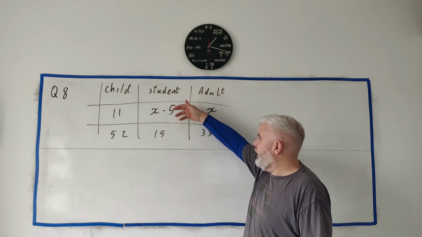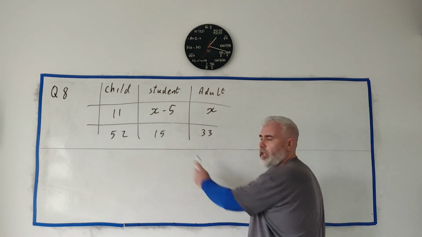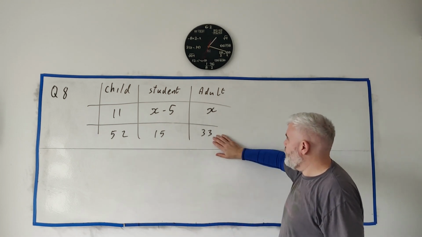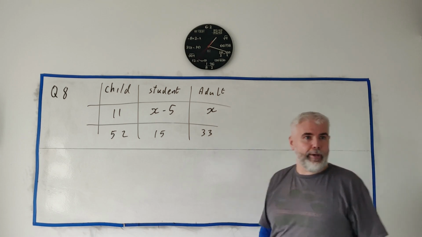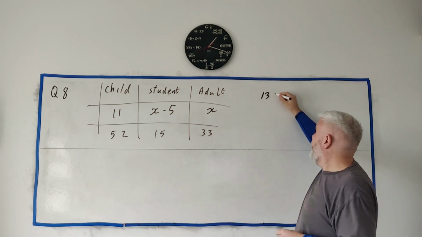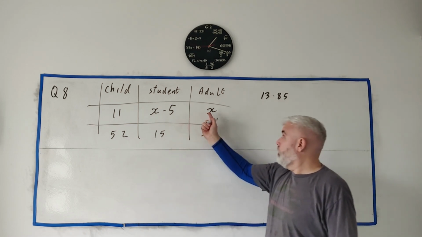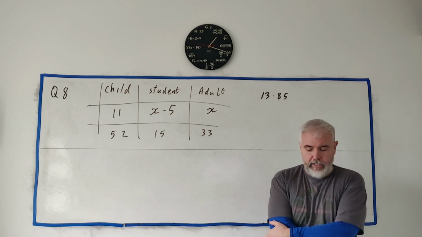Again, student will pay this much, X minus 5, and 15% are students, 33% are adults, and they pay X amount. They also tell us the expected value of one ticket is 13.85. They want us to work out the value of X here.